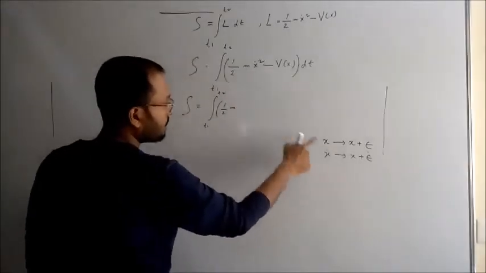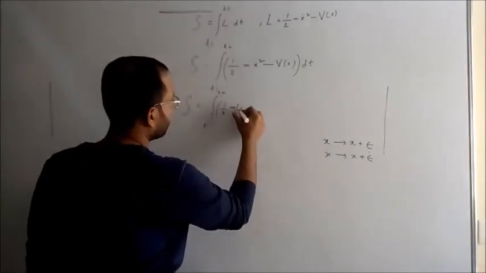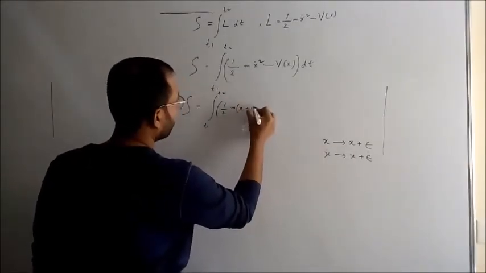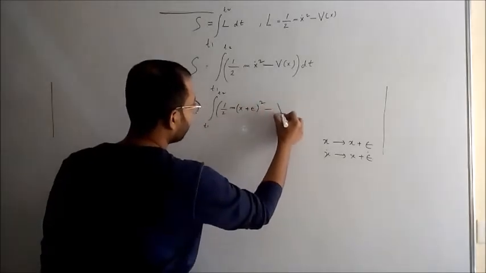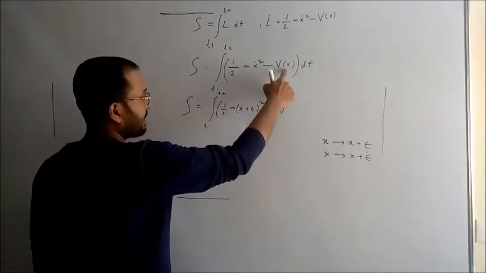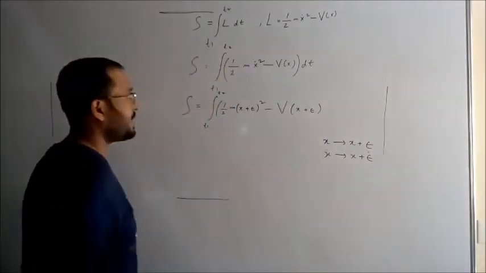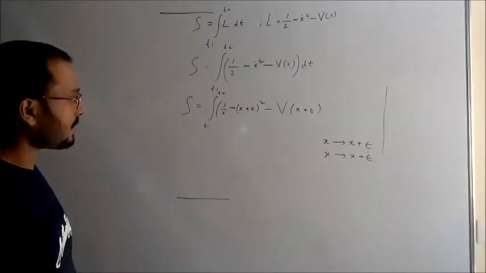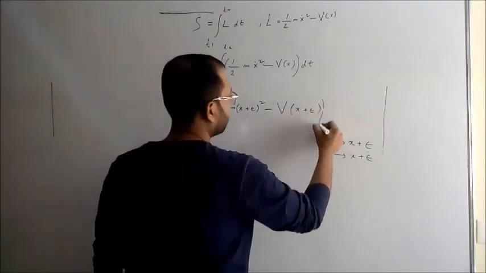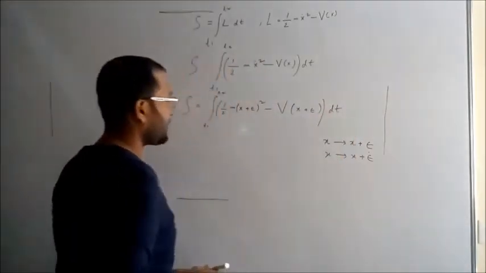X dot now goes to x dot plus epsilon dot. So x dot plus epsilon dot squared minus v. X goes to x plus epsilon. So the potential energy, instead of being a function of x, now it is a function of x plus epsilon. The whole thing has to be integrated in time dt.